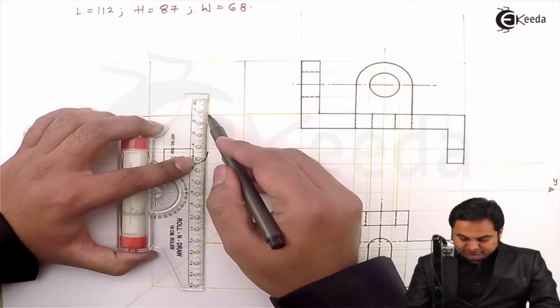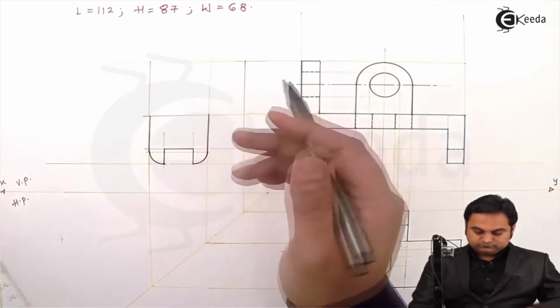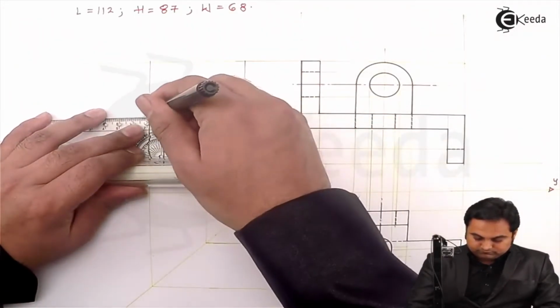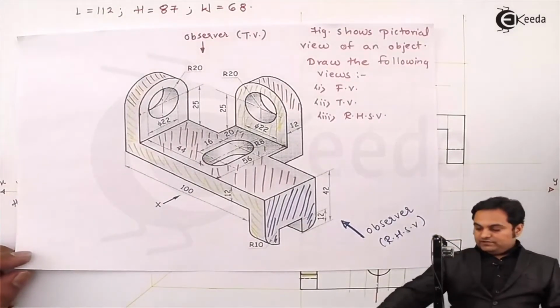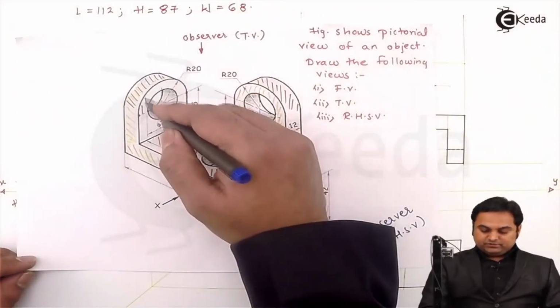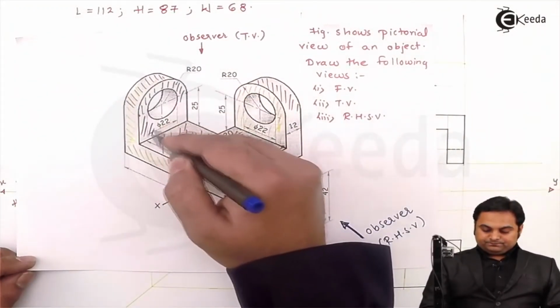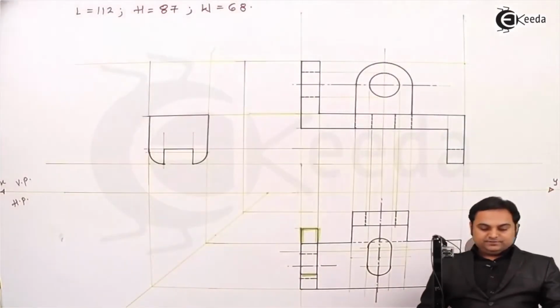The complete surface is visible from the front. After that, looking from the front, even this surface, which is the semicircular part here, will also be seen.